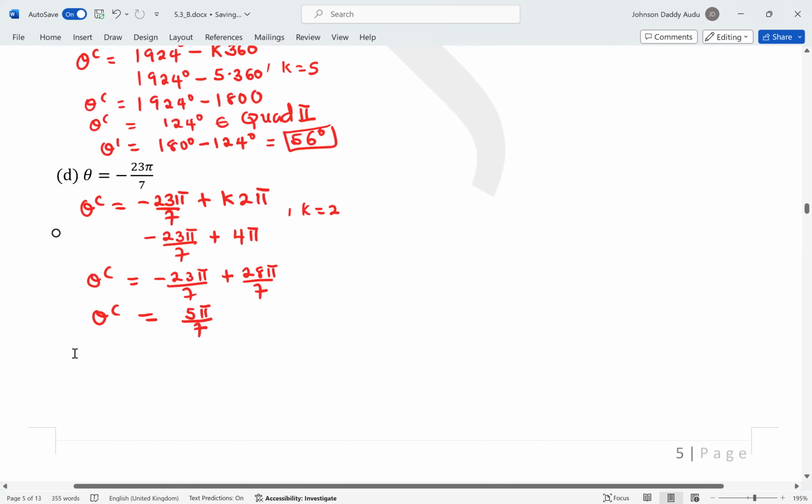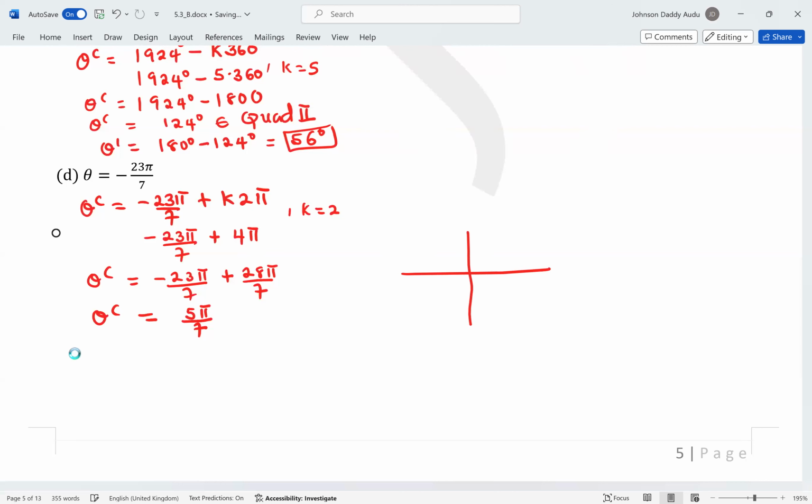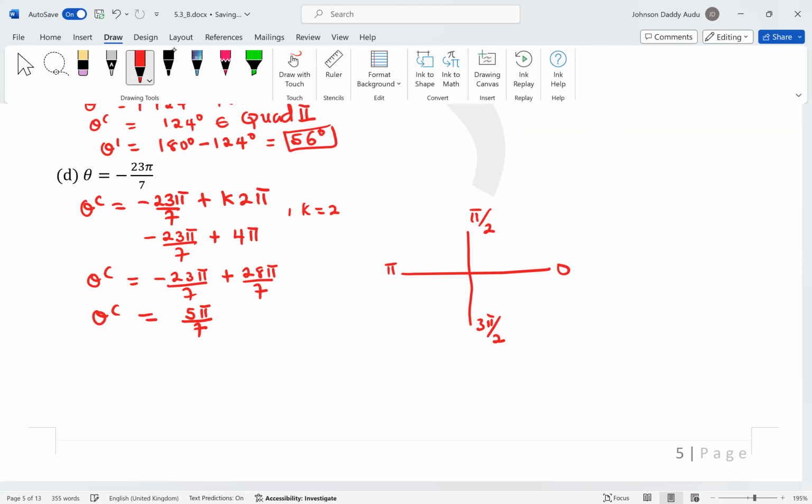That is what we need to look at. You can always convert it to degrees if that is easier for you. But this is what we can do here. We know this is 0, this is pi over 2, this is pi, and this is 3 pi over 2. So the question is, where is this number?